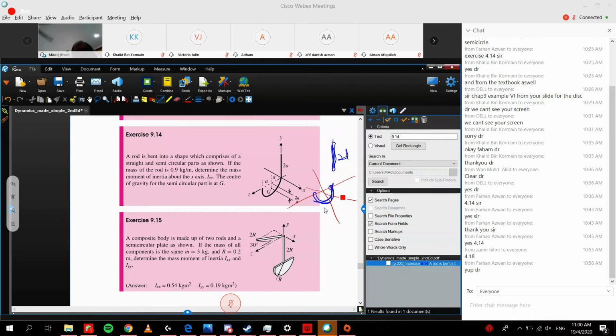This doesn't pass through G. The only axis that passes through G is this axis. The other two axes do not pass through G. So if you look at the axis that you want to find, which is I as x, the parallel axis to I as x that passes through G is this line.